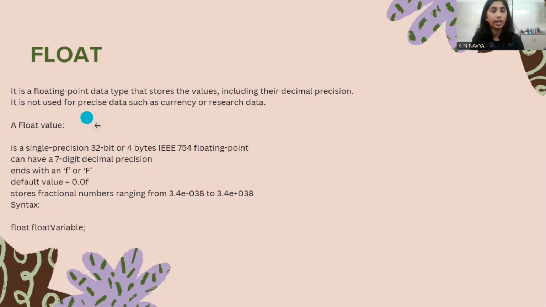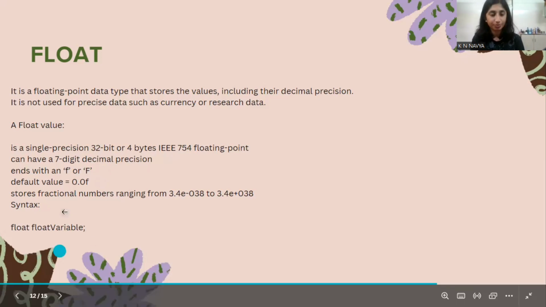This data type ends with an uppercase F or a lowercase f, and the default value is 0.0f. And the syntax here is given. We use the float data type, variable and name.